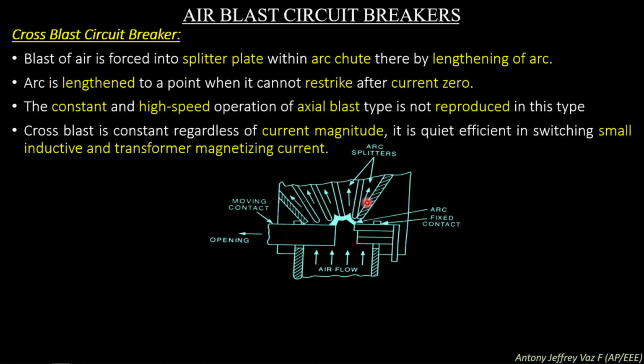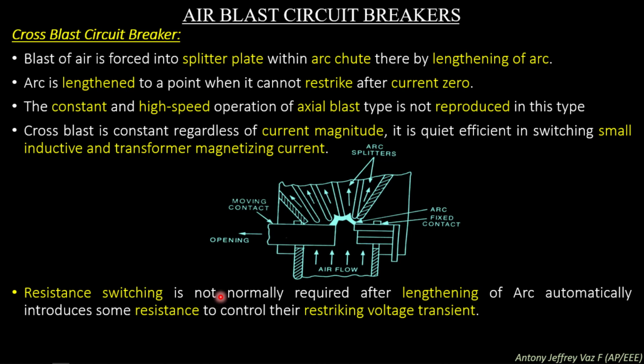So cross blast circuit breakers can be used to interrupt small inductive currents, and are very efficient at interrupting transformer magnetizing current, whereas transformer magnetizing current is very difficult to interrupt with the help of air brake circuit breakers.